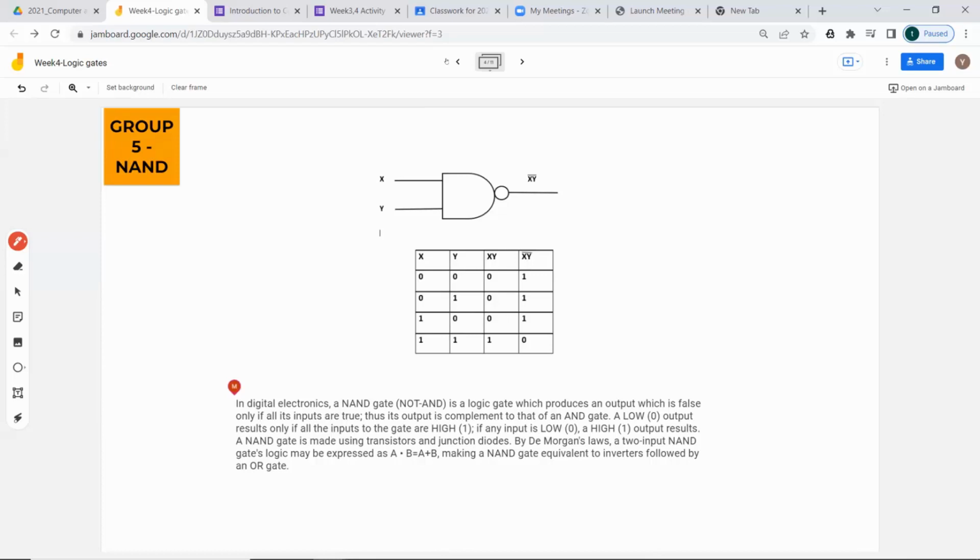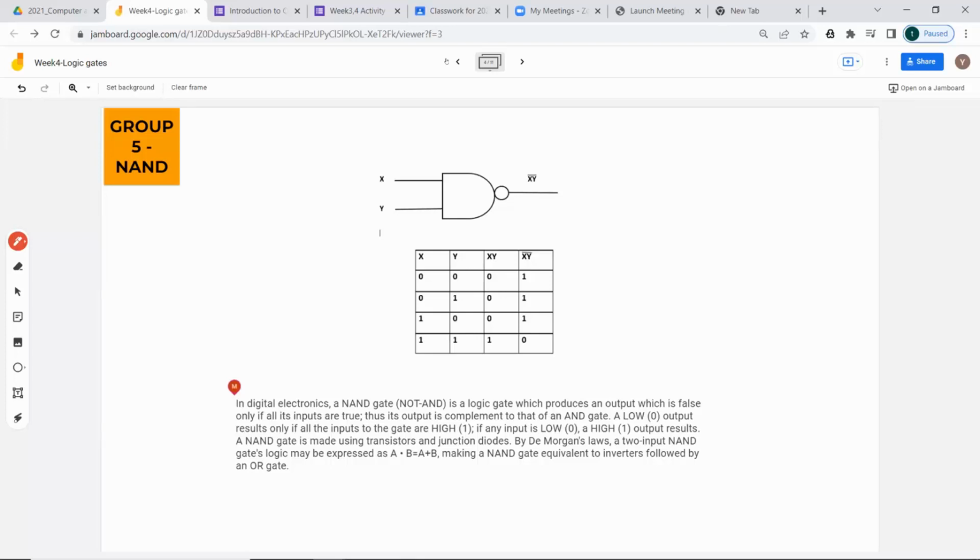Group 5, anybody from? Good morning, ma'am. Yes, Adil. Yes. I have the NAND gate. When we put 2 inputs x, y, it goes to (x dot y) bar.